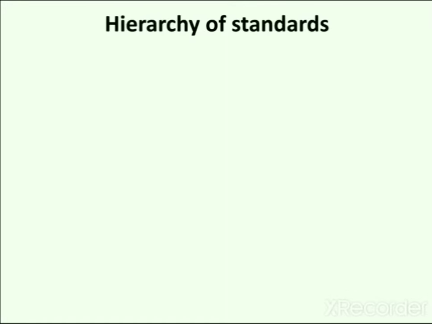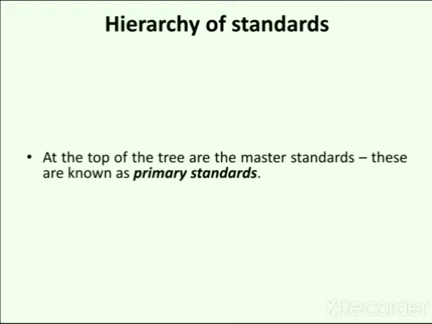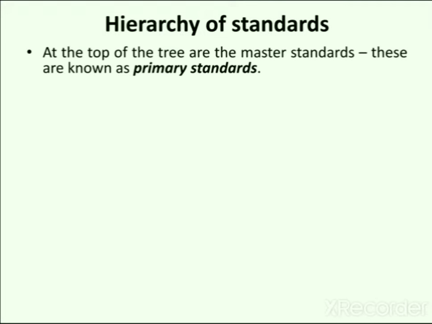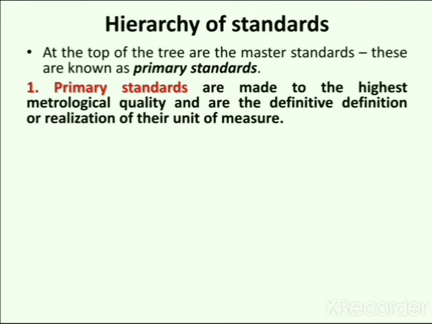Hierarchy of standards. There is a three-level hierarchy of physical measurement standards which always remain of prime importance. These are primary standards, secondary standards, and working standards. As the name suggests, primary standards are made to the highest metrological quality, and that is why they are a definitive definition of the unit of measurement.